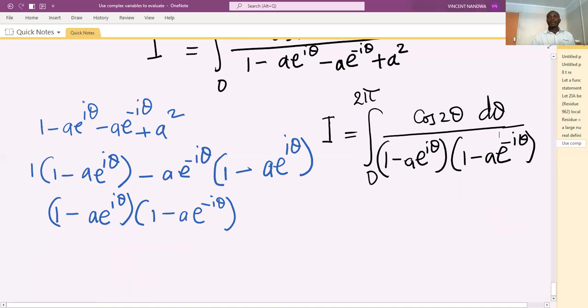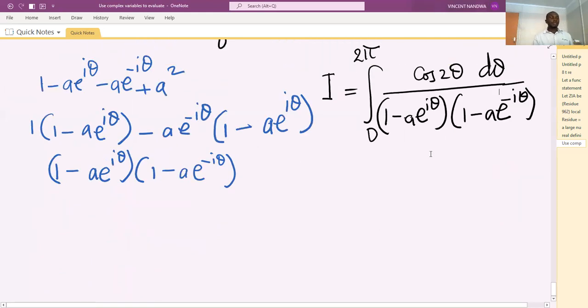Now, we can make this integral a complex integral.